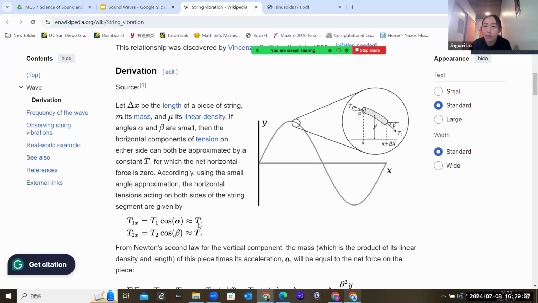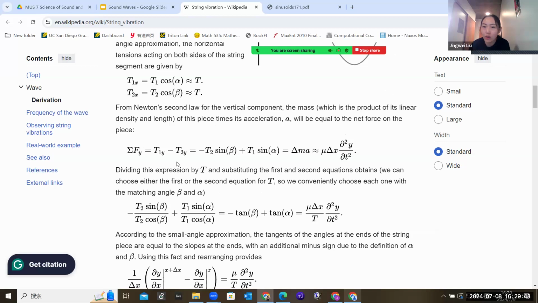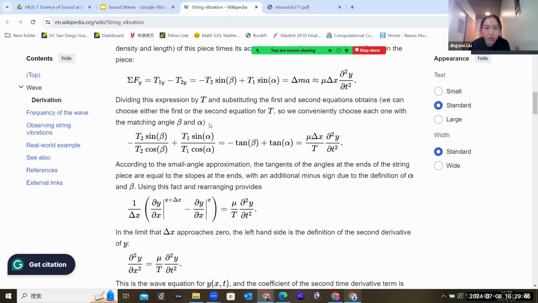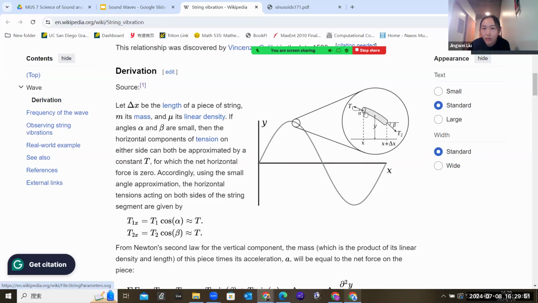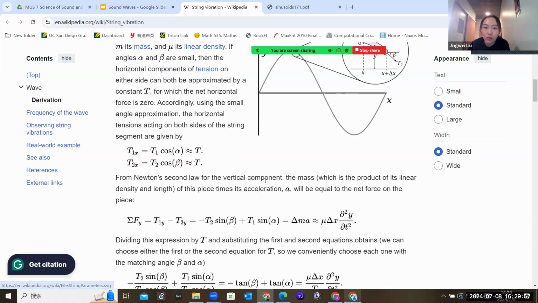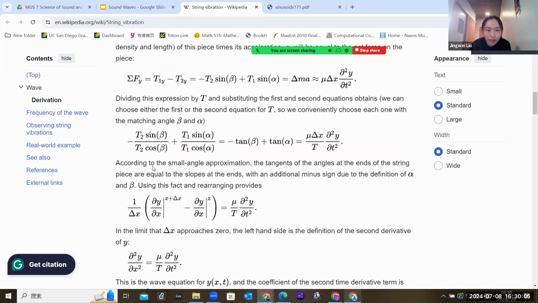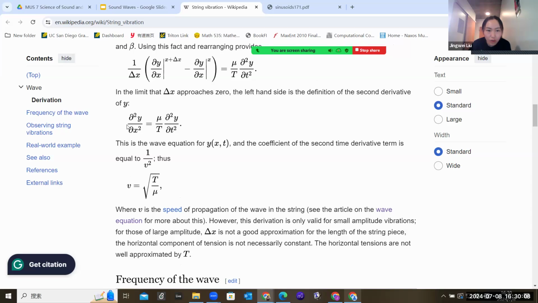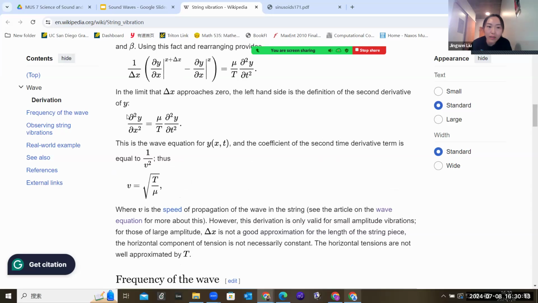Using a lot of approximations, sine, cosine, and tension force, etc. We're not going to go through the details, but the basic idea is that you pick a small part of this, and you do a physical model analysis of the force, and use Newton's second law, F equals ma, and do a lot of approximation. Then you reach this form. This form is the wave equation. This is the second partial derivative of x here, and this is the second partial derivative of t here.